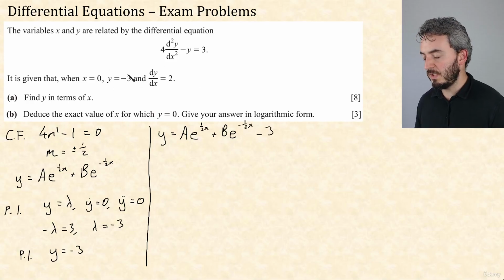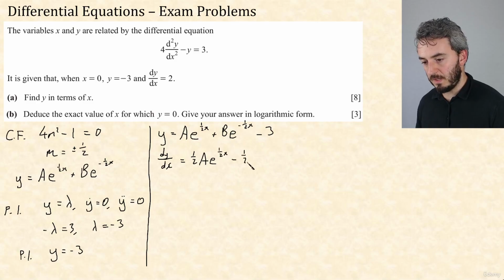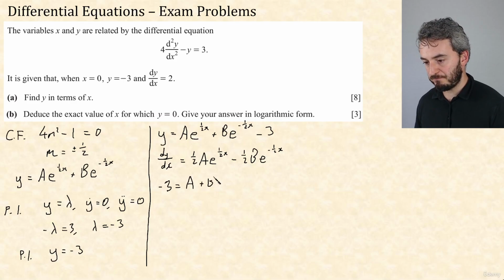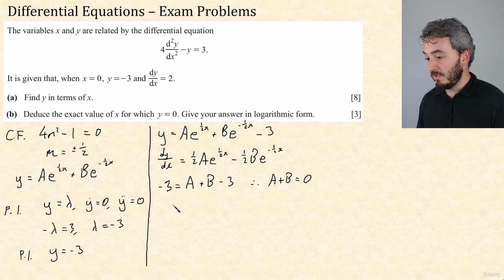Okay, using these boundary conditions, I'm going to differentiate first so I can use that dy by dx fact. So we get half a e to the half x minus a half b e to the minus half x. So subbing in, y is minus 3 when x is 0. So minus 3 equals a times e to the 0 plus b times e to the 0 minus 3. So a plus b equals 0. Then dy by dx is 2.